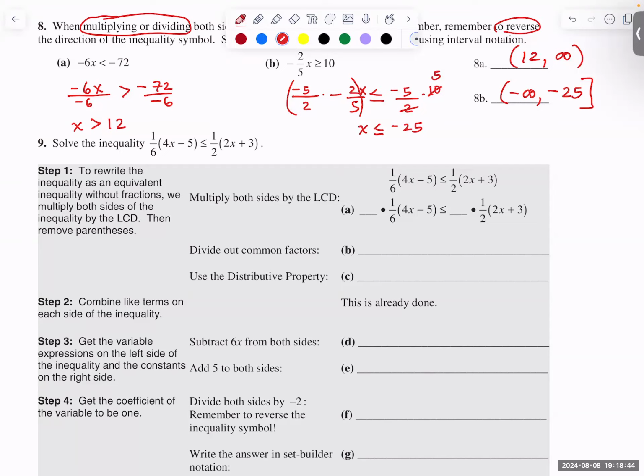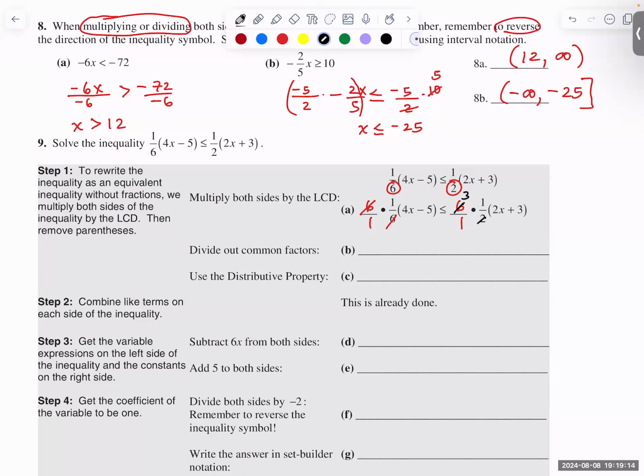Then remove or clear parentheses. So since the denominators are 6 and 2, and 2 divides 6, and 6 is a multiple of 2, we can multiply both sides by positive 6, and then 2 divides 6 on the right side 3 times.